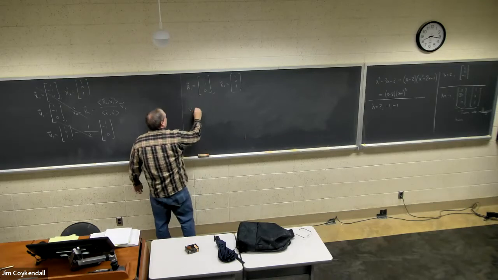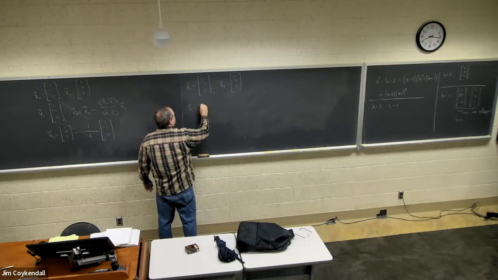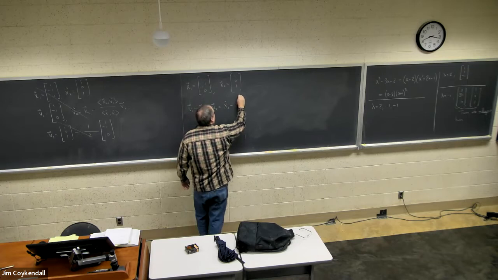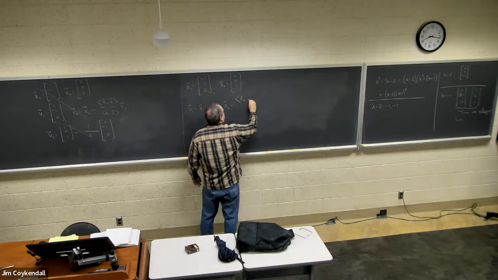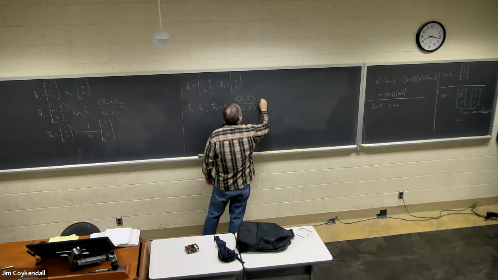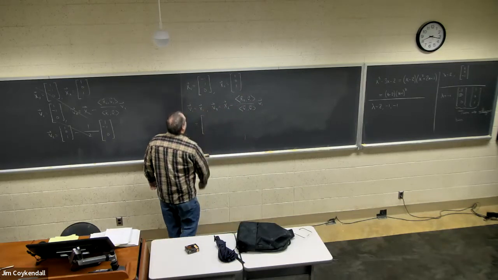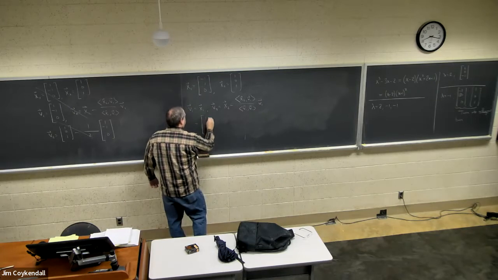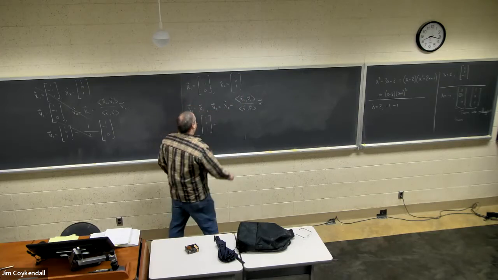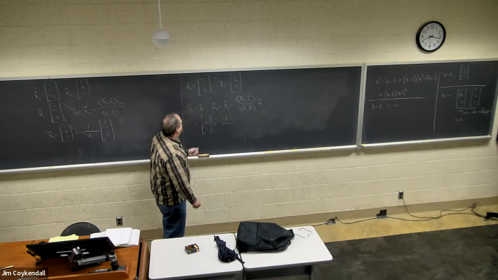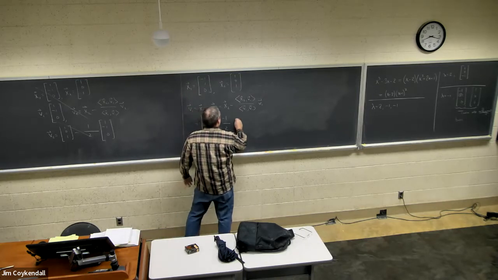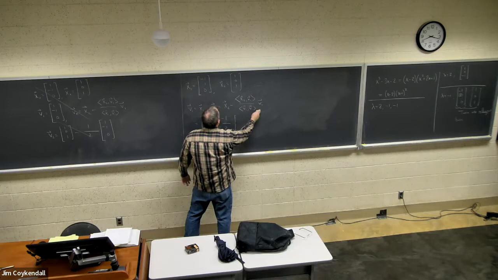Let's do this again. b1 is x1, and b2 is x2 minus the inner product of x2 and b1, over the inner product of b1 with itself, times b1. The inner product of x2 and b1 is 1, and b1 with itself is 2, times b1.